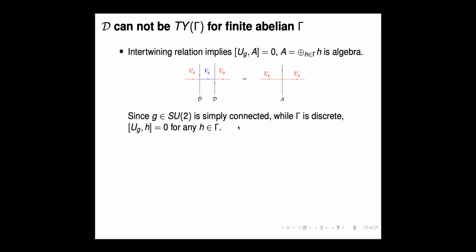And if you have this D and D dagger and put them close to each other, they can fuse into an algebra object, A. So A is generally a sum of discrete elements.